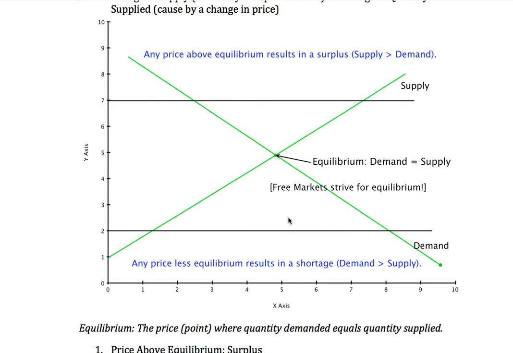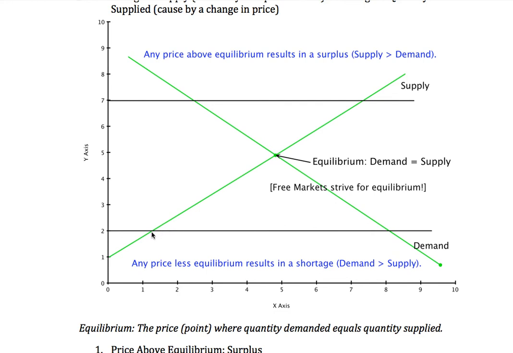Any price less than equilibrium, let's assume we go to $2. Well, at $2, going from 5 to 2, my quantity demanded is going to be 8. Makes perfect sense once again: lower the price, I'm going to buy more. What about from the producer, supplier, the manufacturer standpoint? Well, wait a minute, 5 to 2, I don't like that from a manufacturing standpoint, so I'm going to supply less.